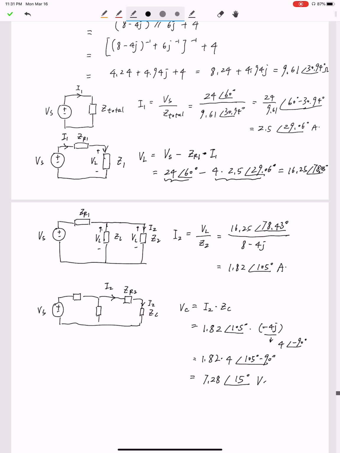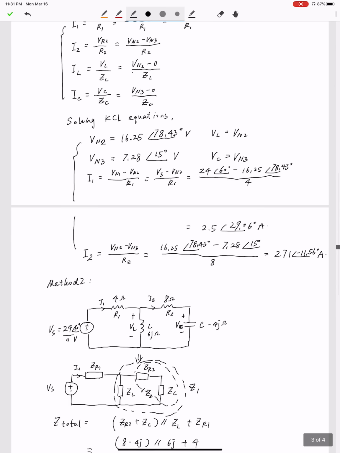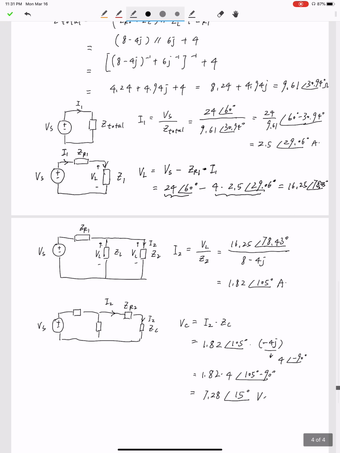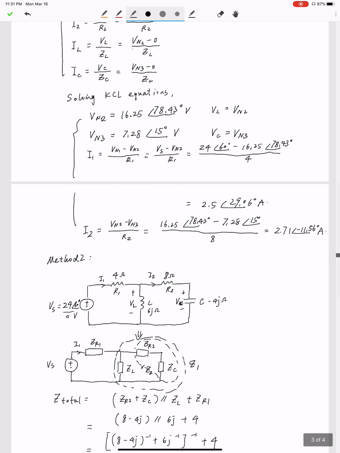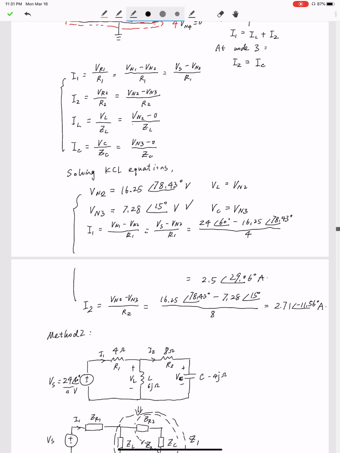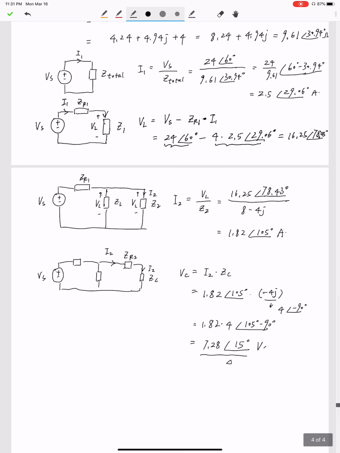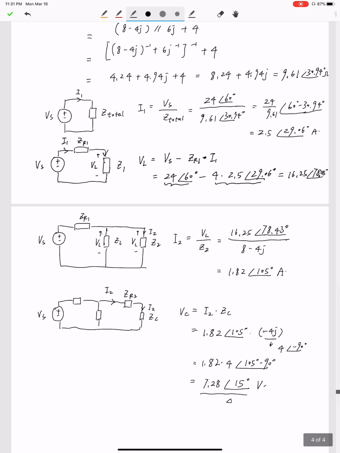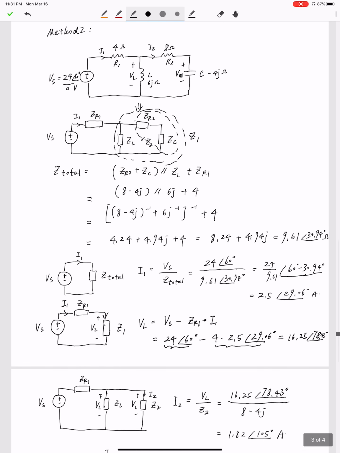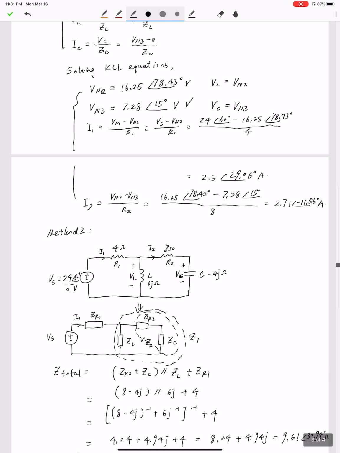Alright, so let's compile the result as we calculated before, and you can see they are exactly the same. They have the same values, right? VC is, where's the previous one? Right here. It's the same as before, as well as VR2, as well as VL, right? 16.25, 6.25.